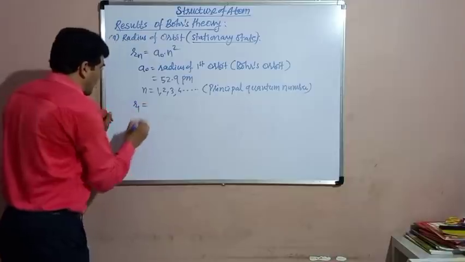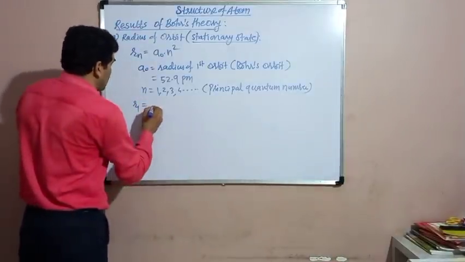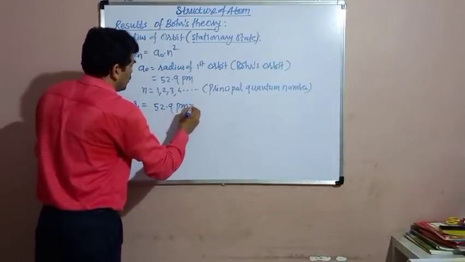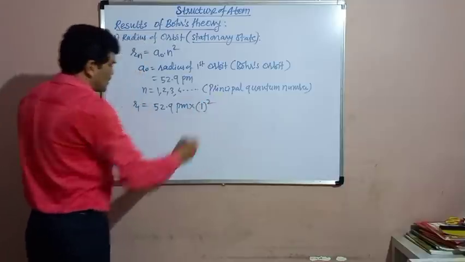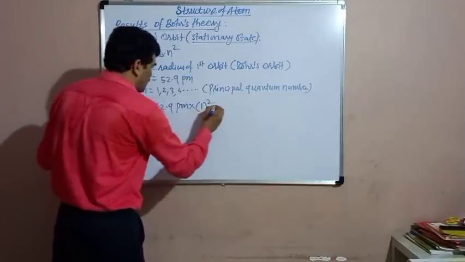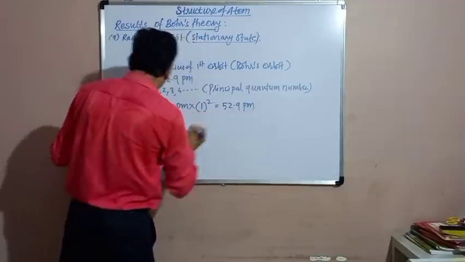For the first orbit, we write R1, that is the radius of the first orbit, equal to A0, that is 52.9 picometer into 1 square. For the first orbit, the value of principal quantum number is 1, and therefore the radius of the first orbit is 52.9 picometer.